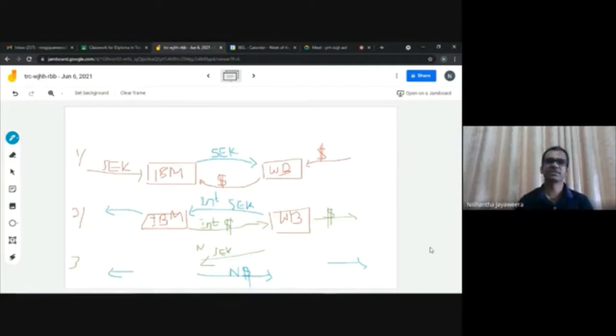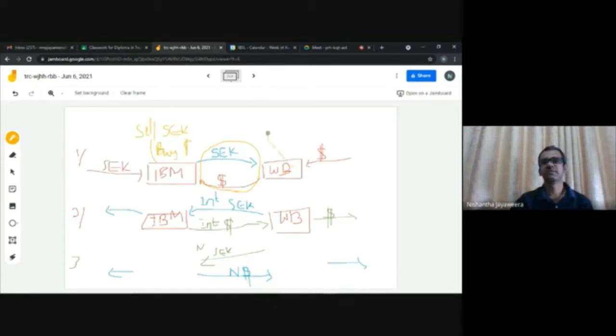Basically, this is the structure, but there is an optional part. Generally, this part is optional. Instead of doing that, IBM can sell SEC and buy dollars.